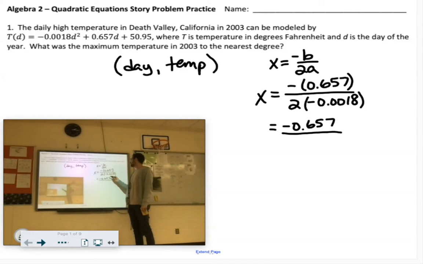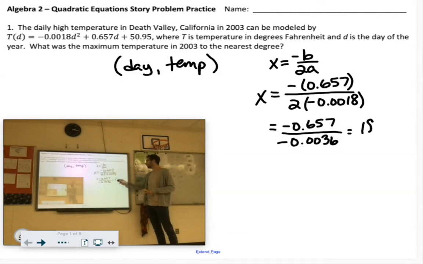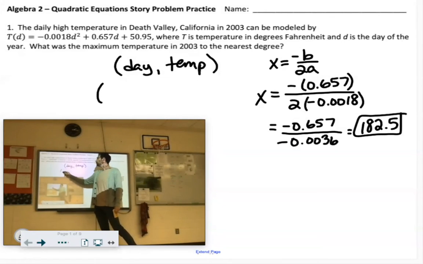We have 2 times this, 2 times 18 is 36, so this would come out to negative 0.0036. Now if we divide these, negative divided by negative cancels out. Let's see, 0.657 divided by 0.0036 comes out to 182.5. So this is the x-coordinate of our vertex, 182.5.